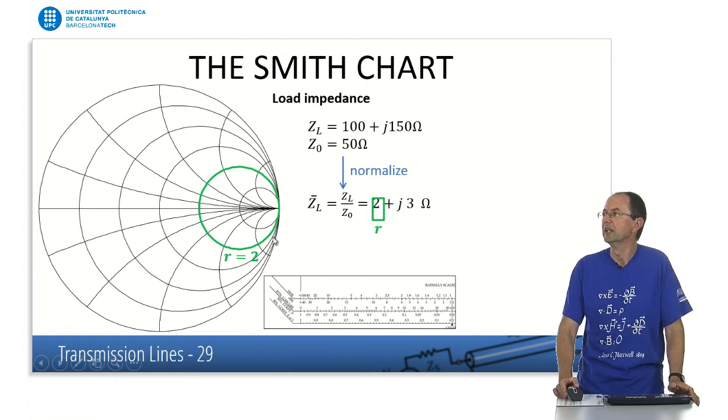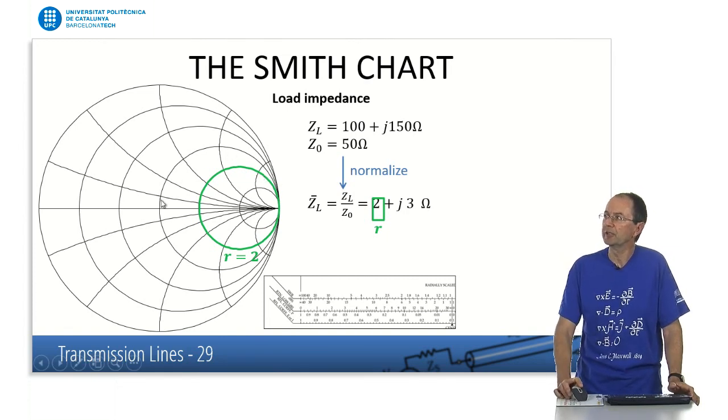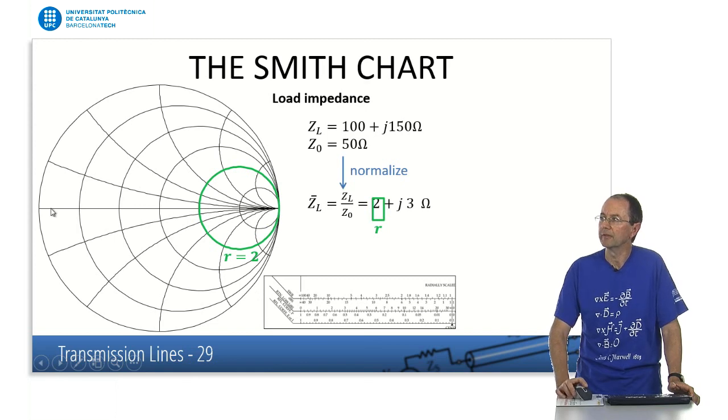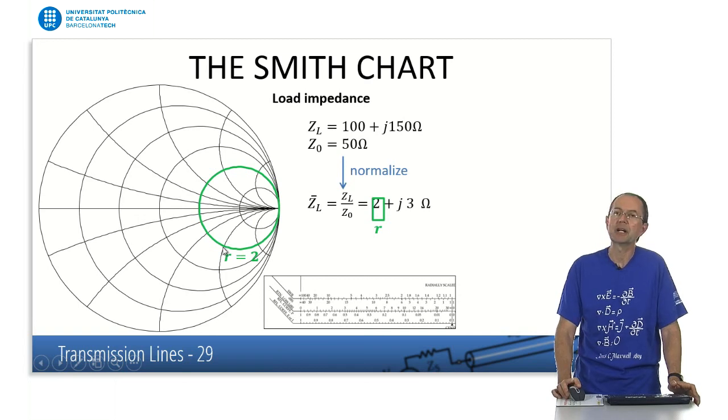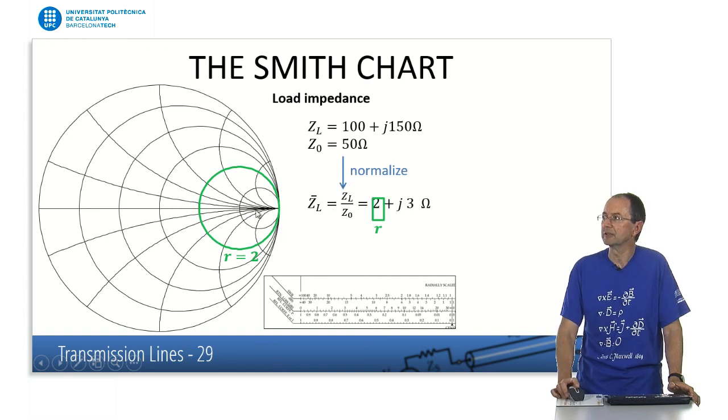How to do that? Well, we have two families of circles. The circles that are centered along the horizontal axis of the chart represent the real part of the impedance. On the other side, the circles which are tangent to the horizontal axis represent imaginary parts.